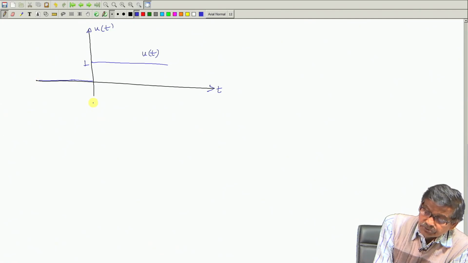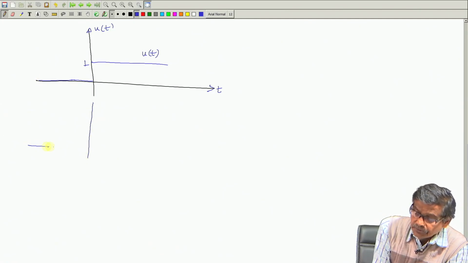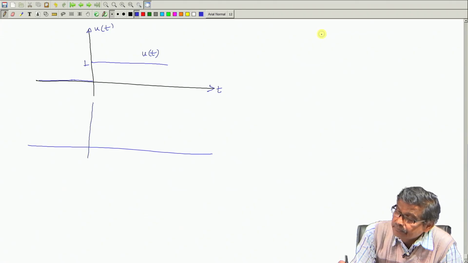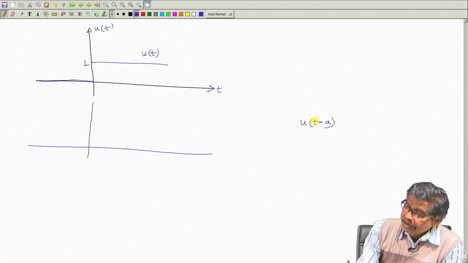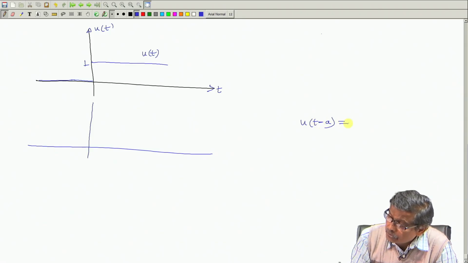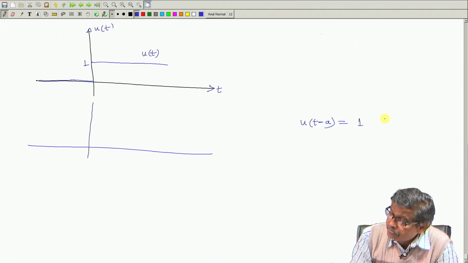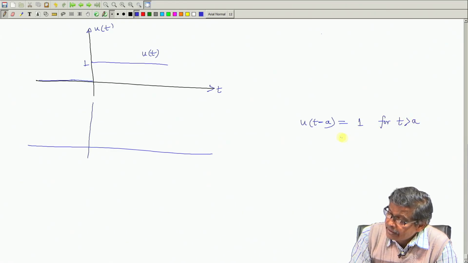Now, if I ask you to sketch u(t minus a), where a is a positive number, it means that this will be equal to 1 for t greater than a and equal to 0 for t less than a.